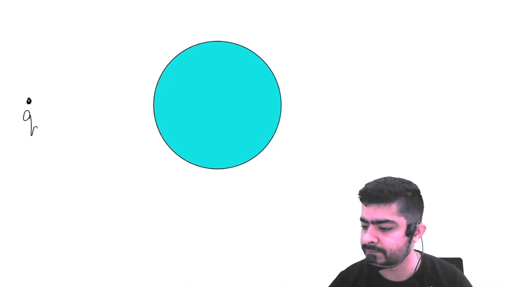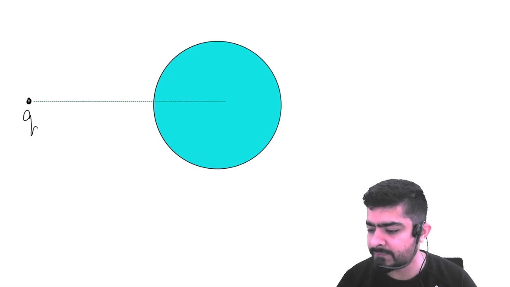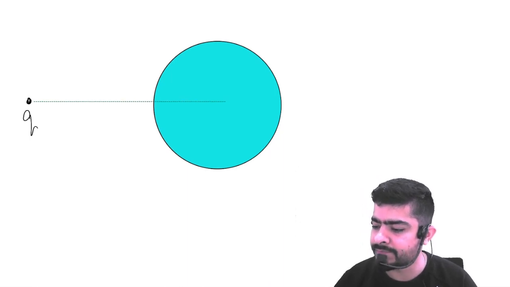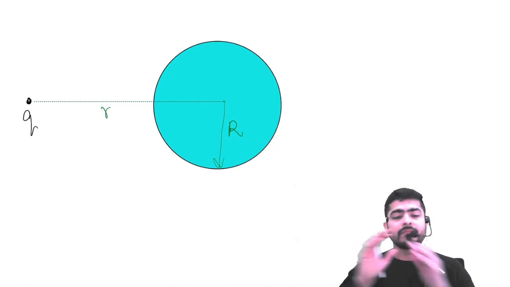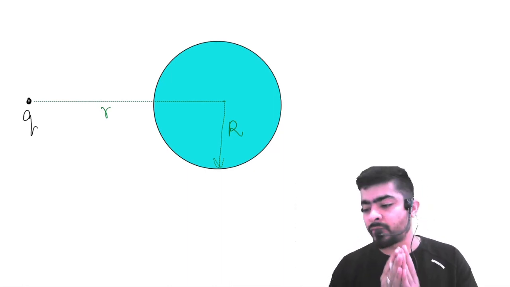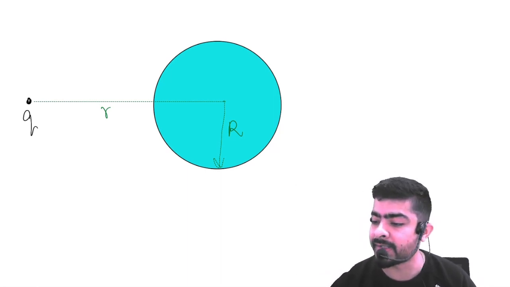So this is your charge small q. The distance of small q from the center is r, and the radius of the conductor is capital R. So this distance is small r, this is capital R. Right now the conductor is not connected to anything. The conductor is also neutral.